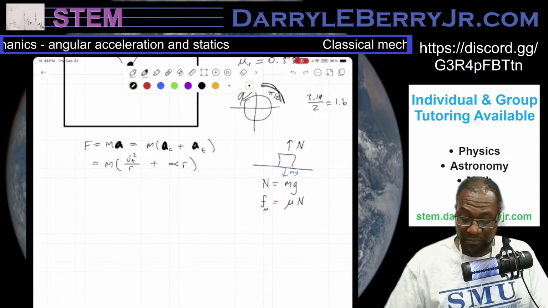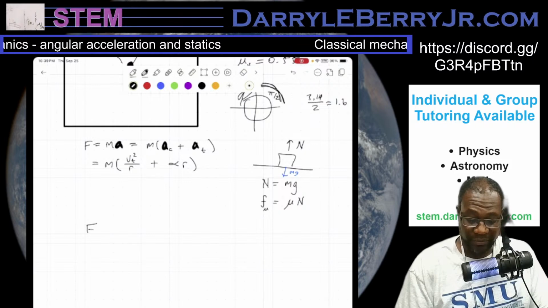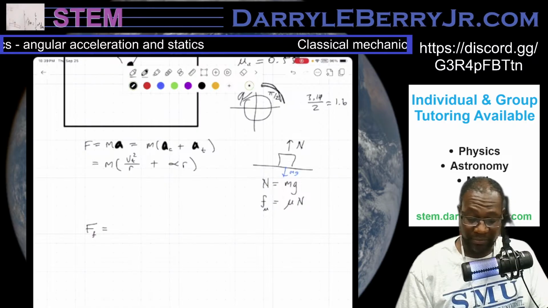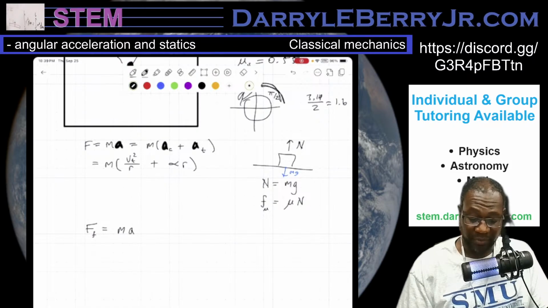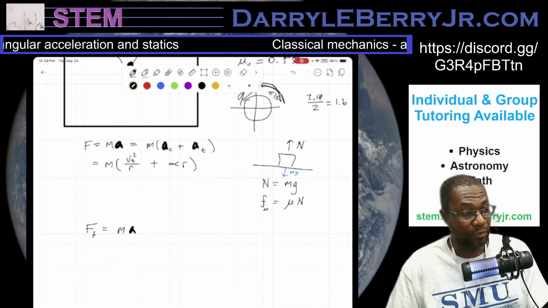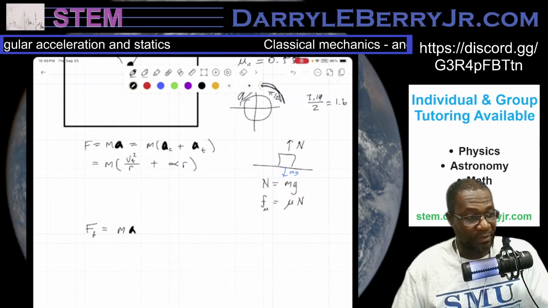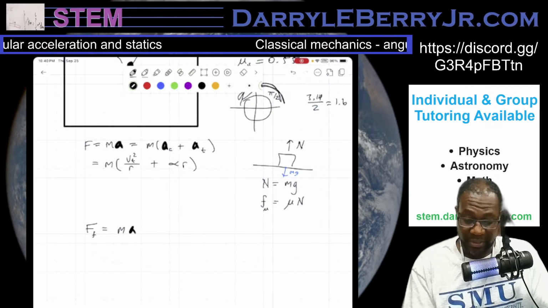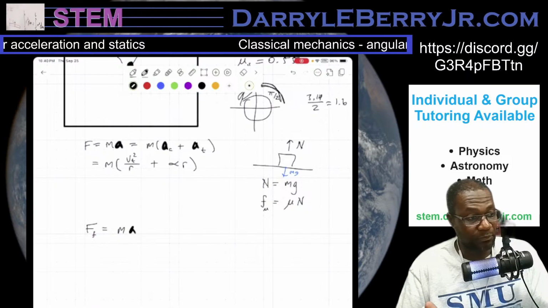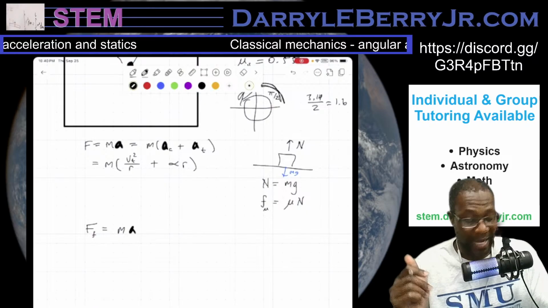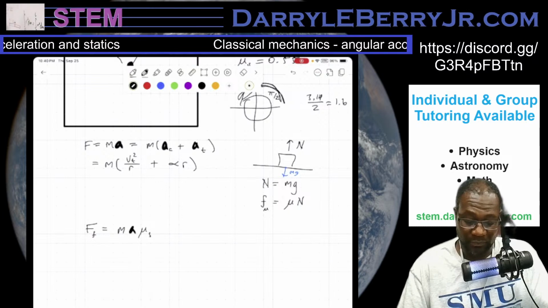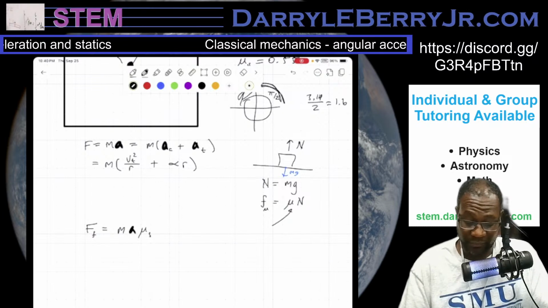So we can say that the force of friction is going to be m times acceleration. Newton's laws are always going to hold, and in this case it'll be modulated by the coefficient, which is basically what we have here.